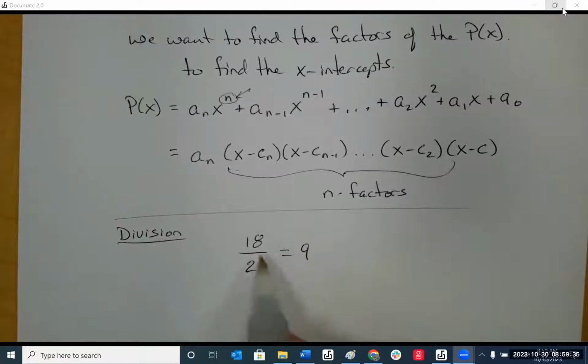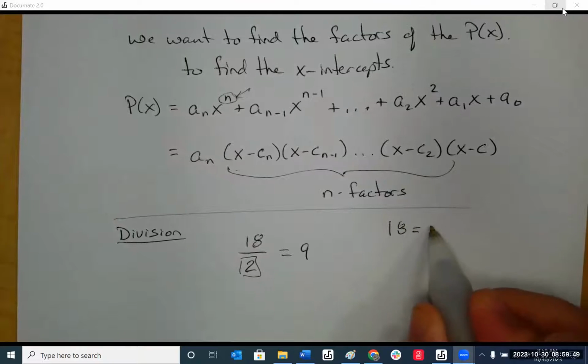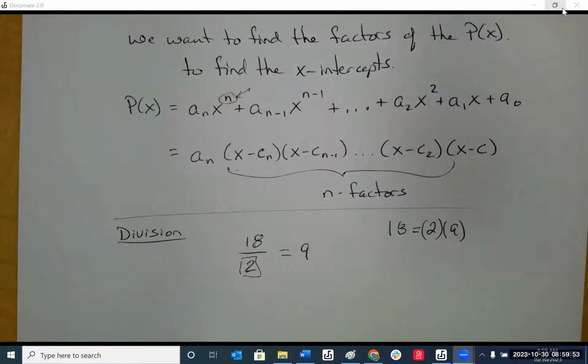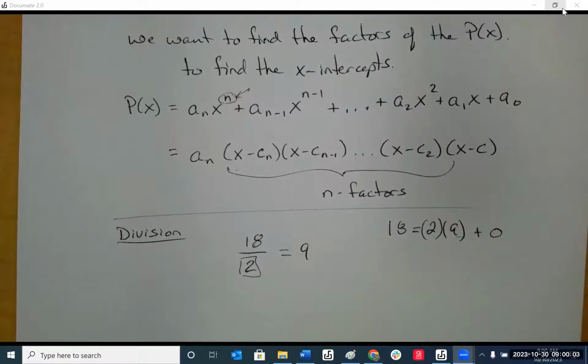Because it gives us a real answer, no remainder, we know that 18 is made up of 2 times 9. These are the factors, plus 0 as a remainder.